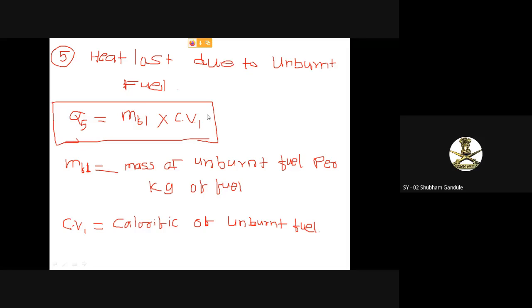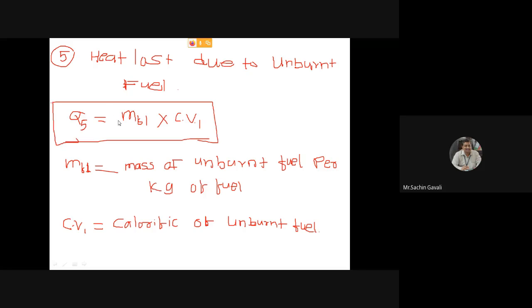The calorific value of unburnt fuel is not utilized to convert water into steam. This loss is calculated as Q5 is equal to MF1 into CV1, where MF1 is equal to mass of unburnt fuel per kg of fuel, CV1 is equal to... Okay. You are having a range problem, but still you have defined it. I think we also got it.